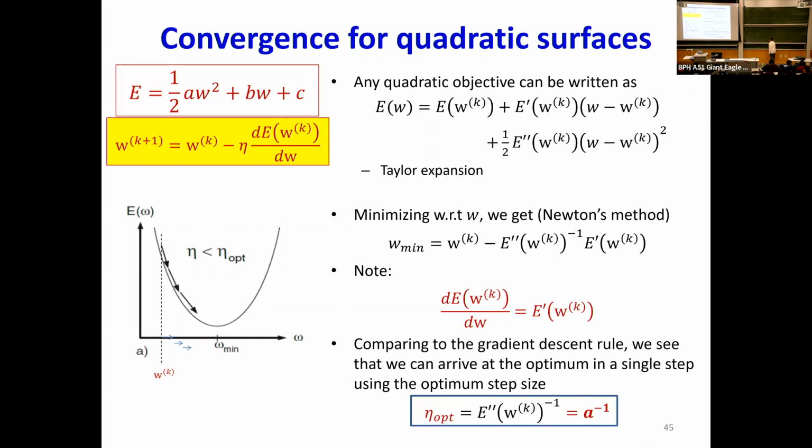Suppose I have a function, and this is some f of x. I want to define some f hat of x such that f of x and f hat of x are the same at some point x0.